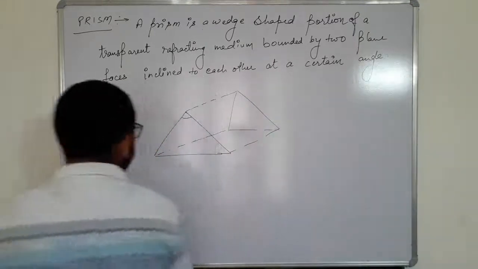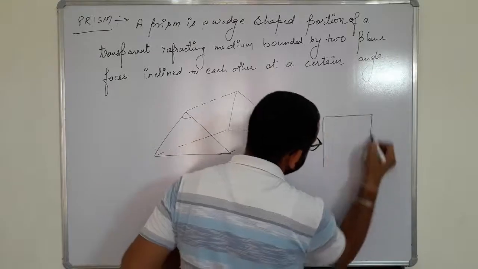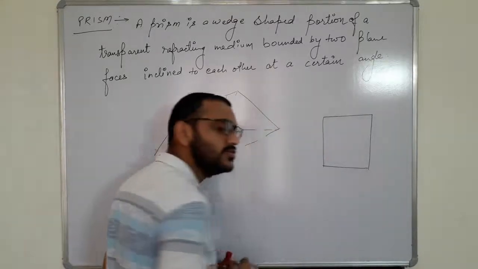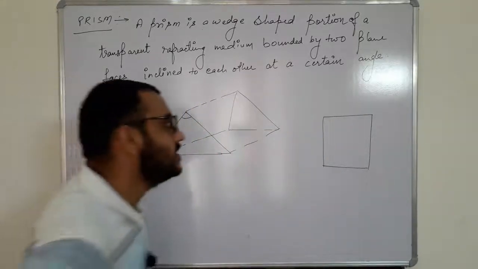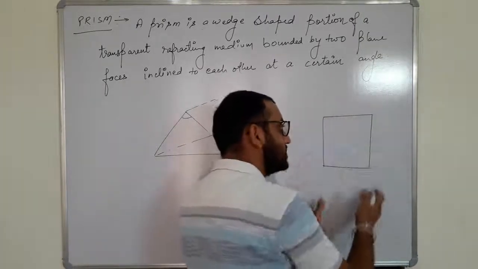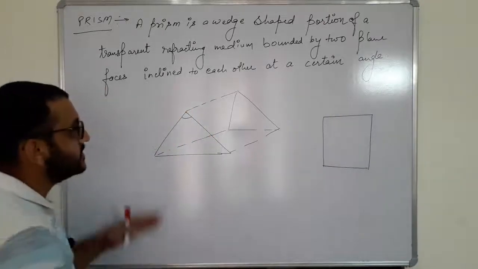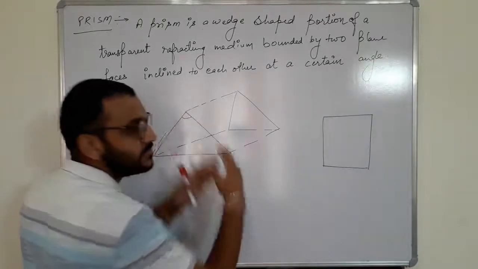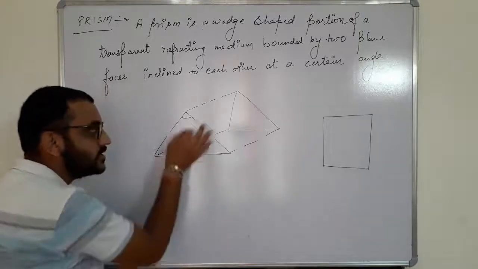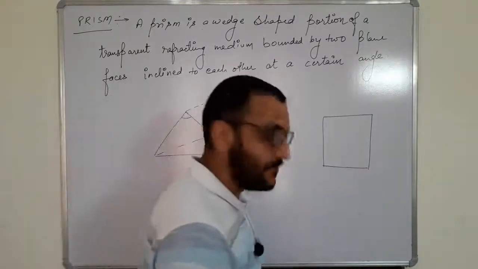And in a glass slab, what happens? A glass slab will be somewhat like this. Here also there are two plane surfaces, but these plane surfaces are parallel to each other, whereas in this diagram the plane surfaces are inclined at a particular angle. So this is basically a prism and this is basically a glass slab.